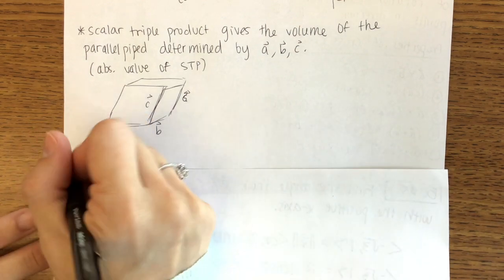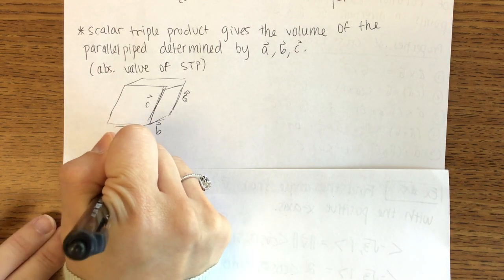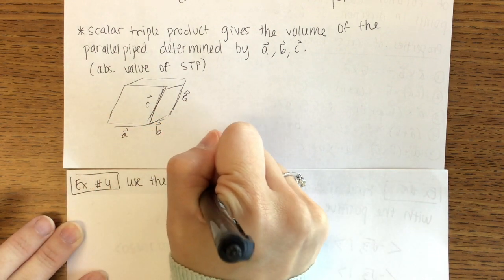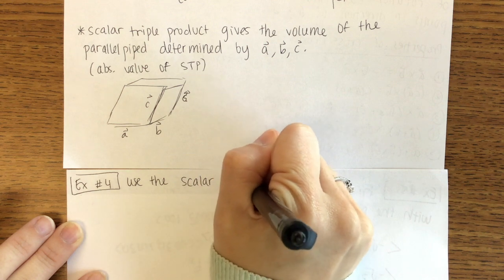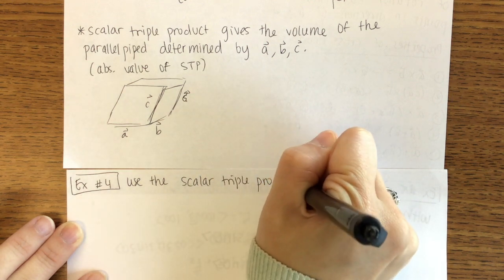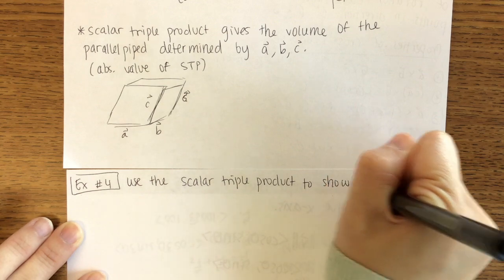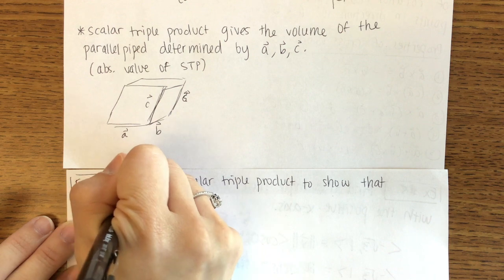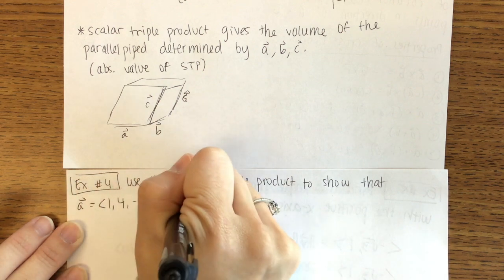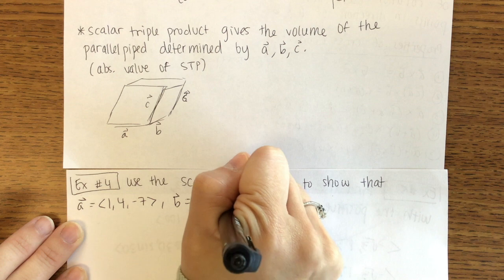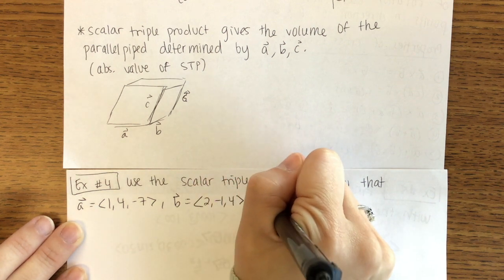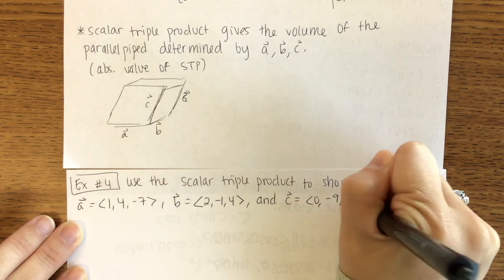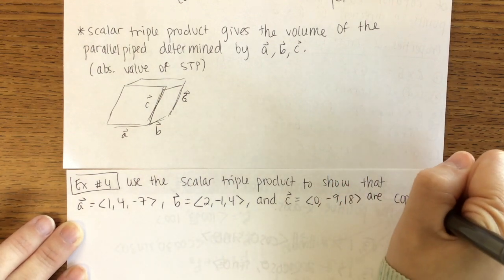Okay, so our last example. We are going to use the scalar triple product to show that vector A, which is 1, 4, negative 7, vector B, which is 2, negative 1, 4, and vector C, which is 0, negative 9, 18, show that all three are coplanar.